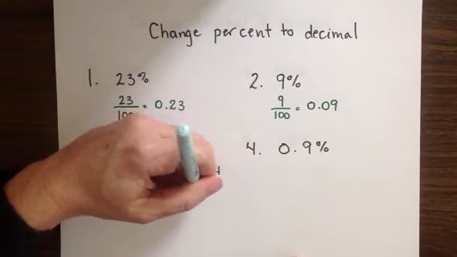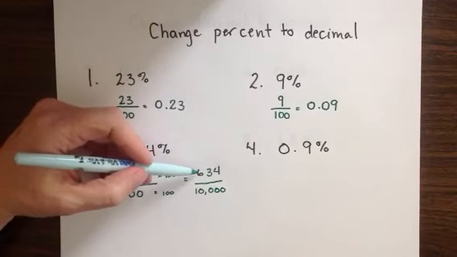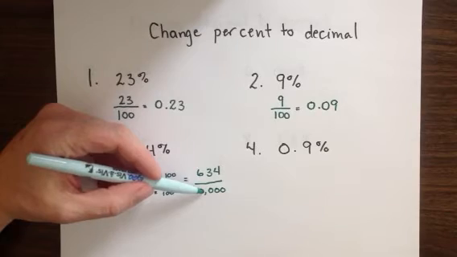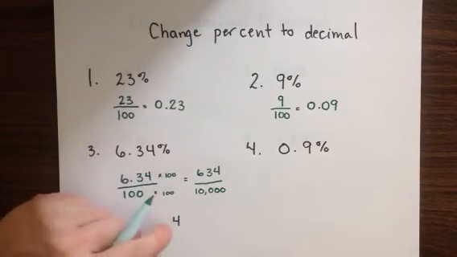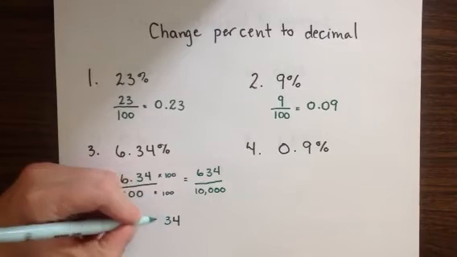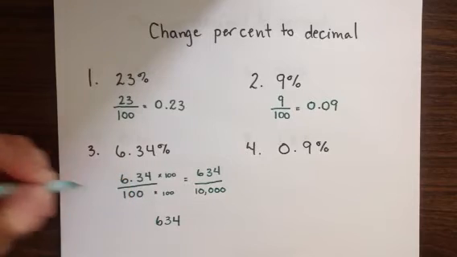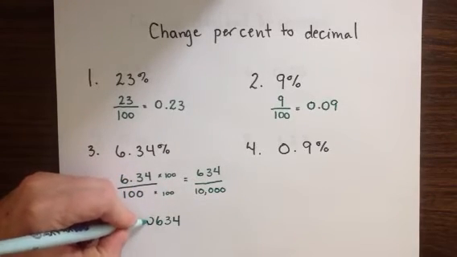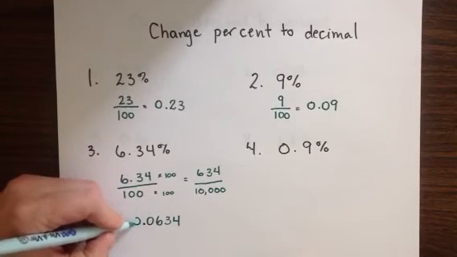So that new bottom is going to end up being 10,000. So the name of this fraction is 634 ten-thousandths. In order to write that as a decimal, we put the 4 in the ten-thousandths spot, the 3 in the thousandths spot, the 6 in the hundredths spot. So we need a 0 to hold the place of the tenths spot, our decimal point, and then our leading 0.